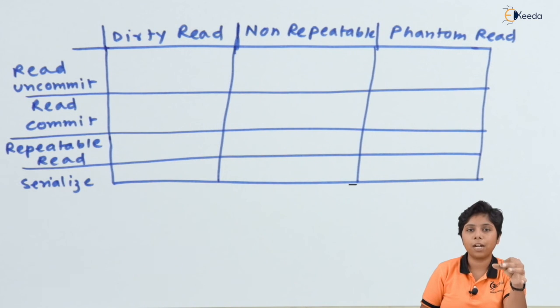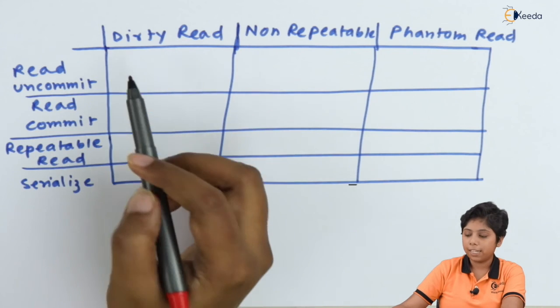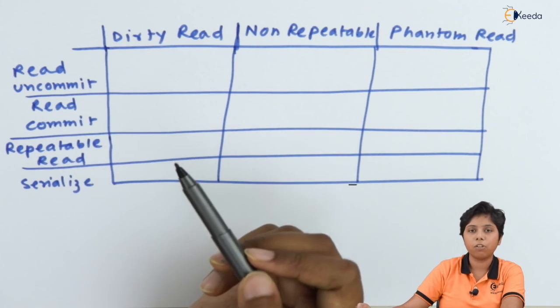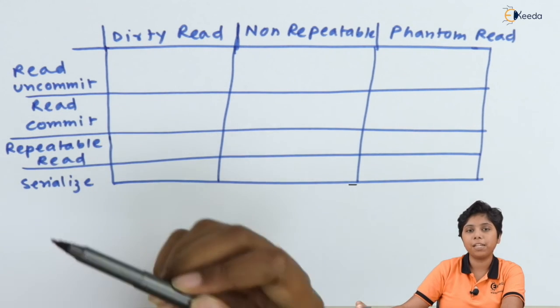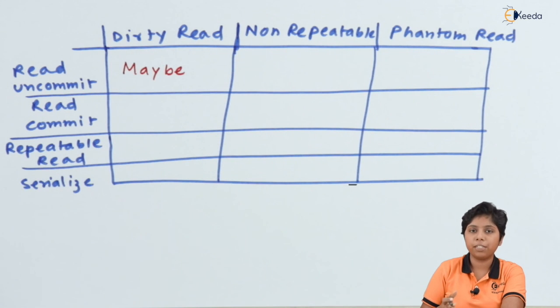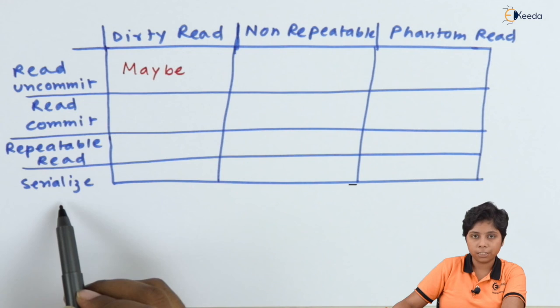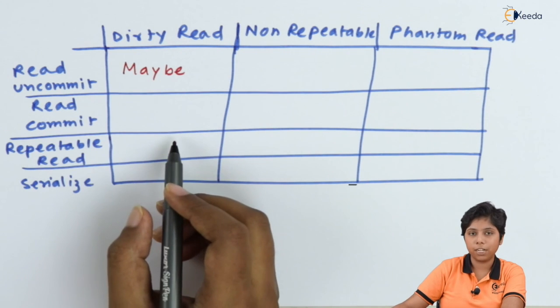That means read uncommitted is dirty read compatible in a maybe sense. It is not confirmed that it will produce a dirty read, but it may lead to a dirty read. But if it is read committed, repeatable read or serializable, then we cannot have the dirty read.